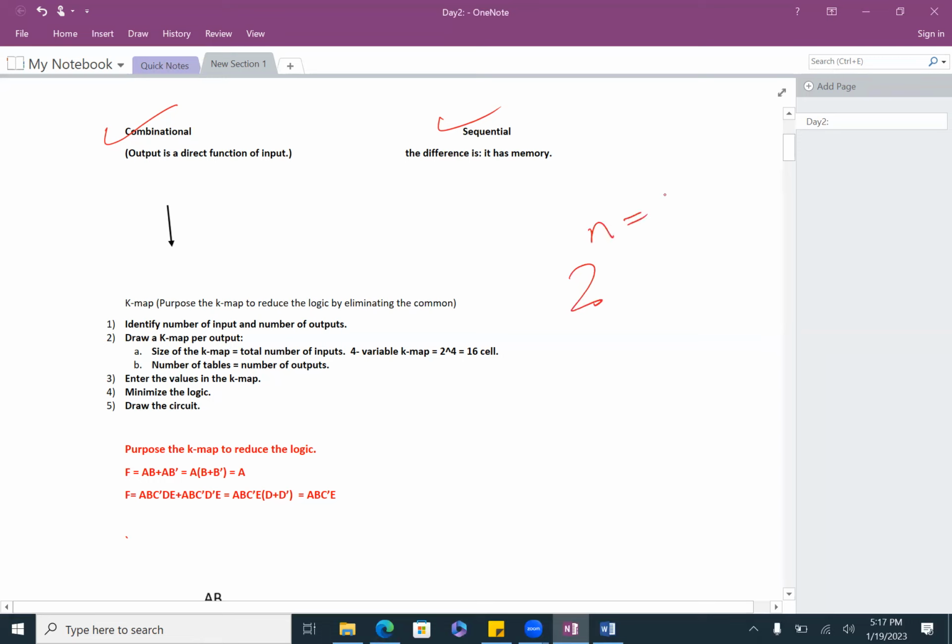Why? Because our table size will be 2 to the power n. If this n is bigger, more than 6, like let's say 8, what is the total number of cells we need? 256, correct? Can you do a K-map with 256 cells? It's going to be complicated.